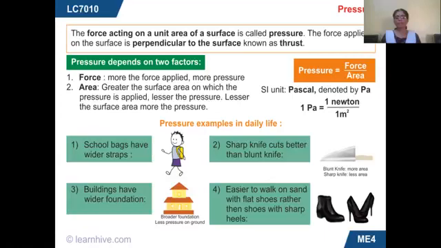So we can comfortably walk with the wider heel of shoes. At the same time, if you take very sharp heel shoes, where the tip of the heel is the area will be very less. So the force applied on the lesser area will create more pressure. So it is very difficult to walk with the sharp heel.